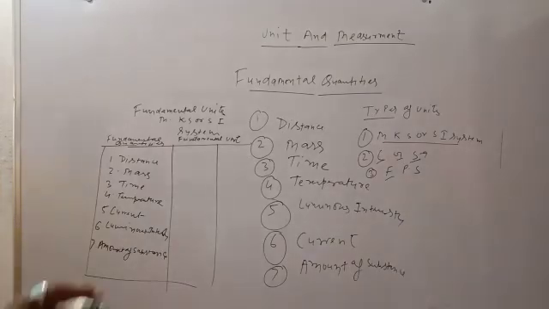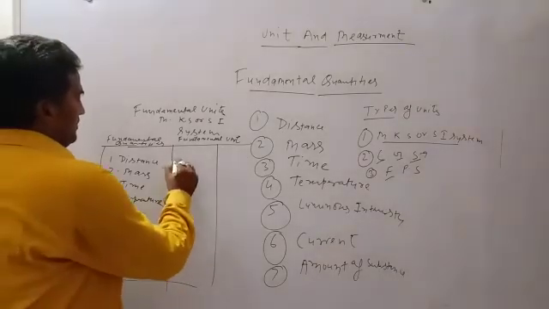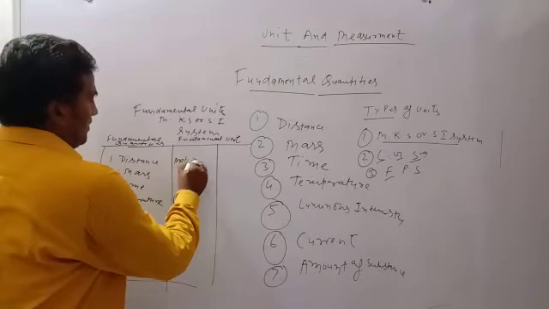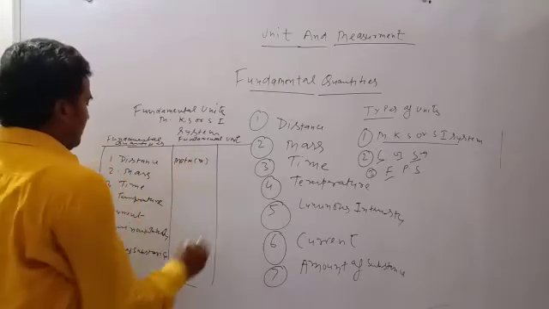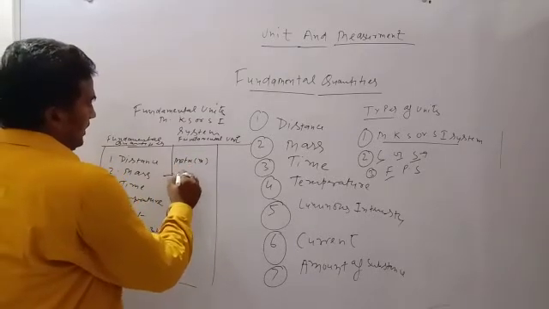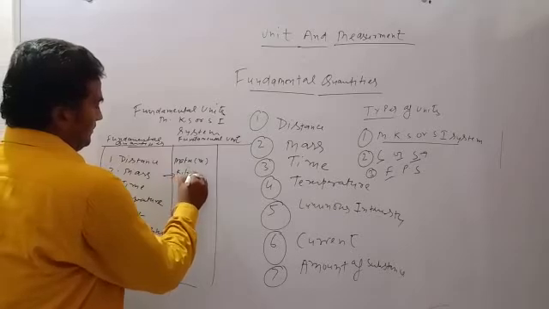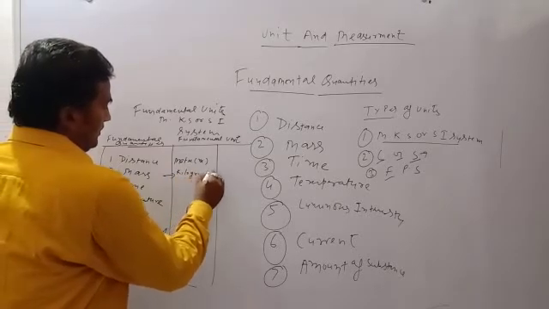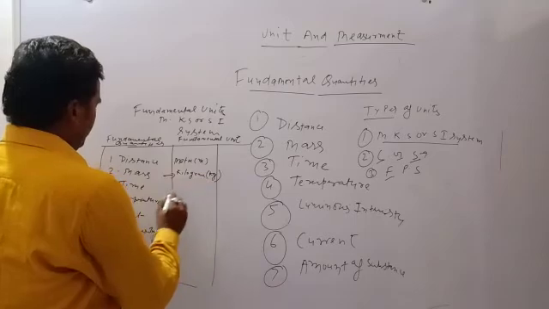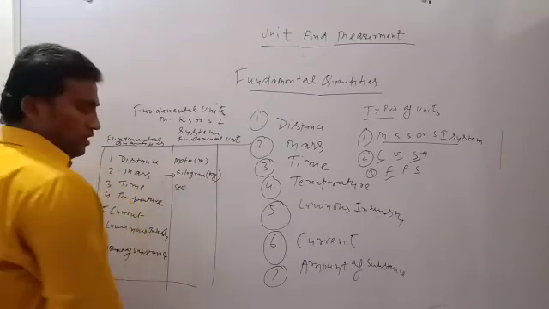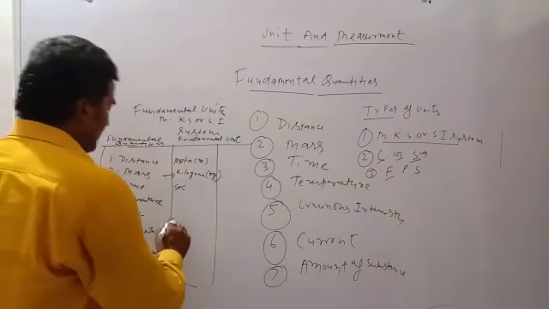The fundamental unit of distance is meter and it is denoted by small m. Mass, kilogram, represented by kg. Time, the duration of a period, is measured in second.